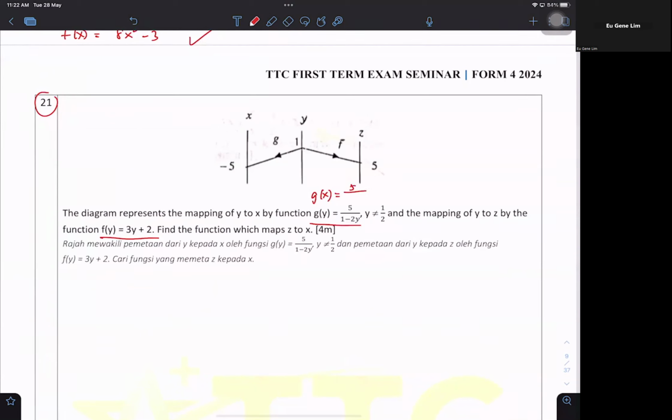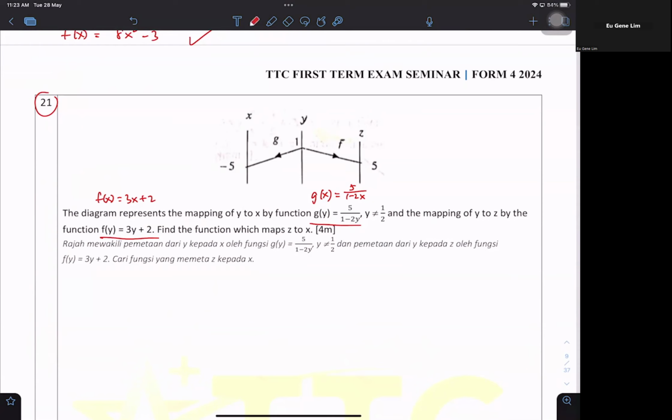I change all the y into x. When I see the x, it makes it easier to understand.